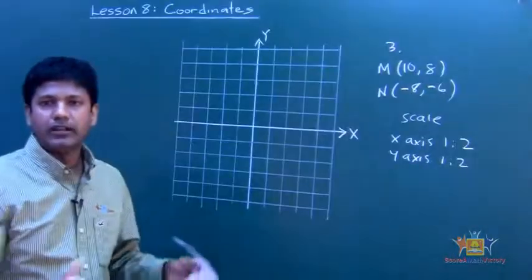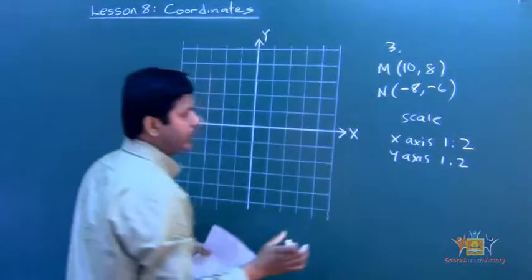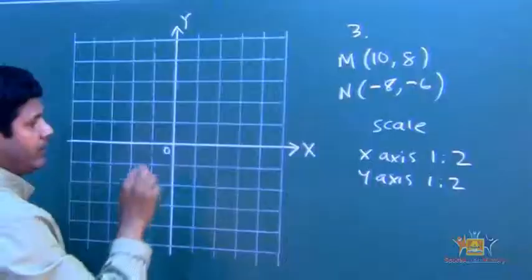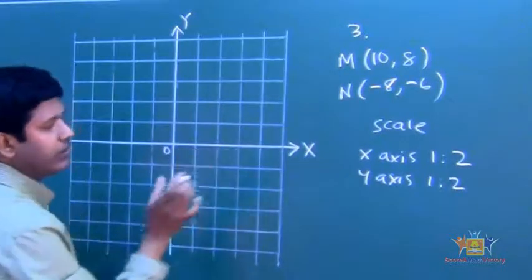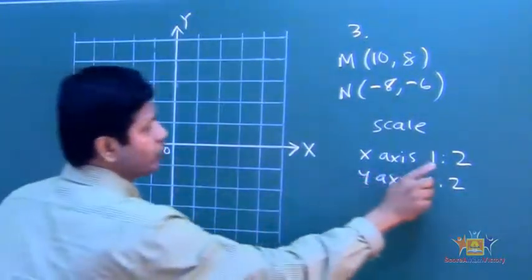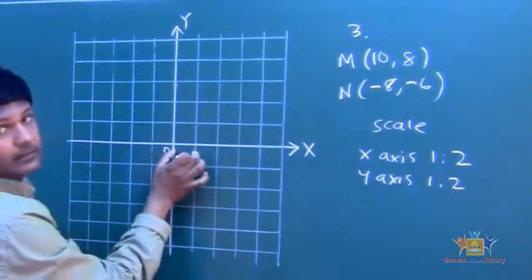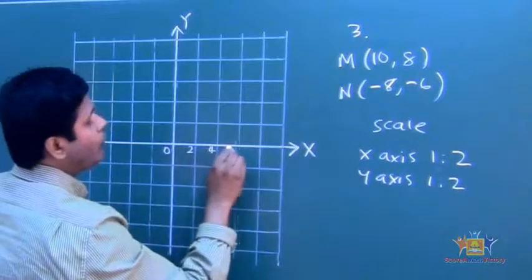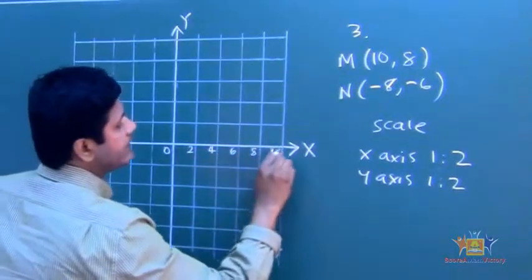Alright, so let's put that scale right there. This is our origin, the center. That means each box represents what kind of unit? 2. That's how this 1 stands for 1 box, and that 2 stands for, you start with 2, 4, 6, 8, 10.